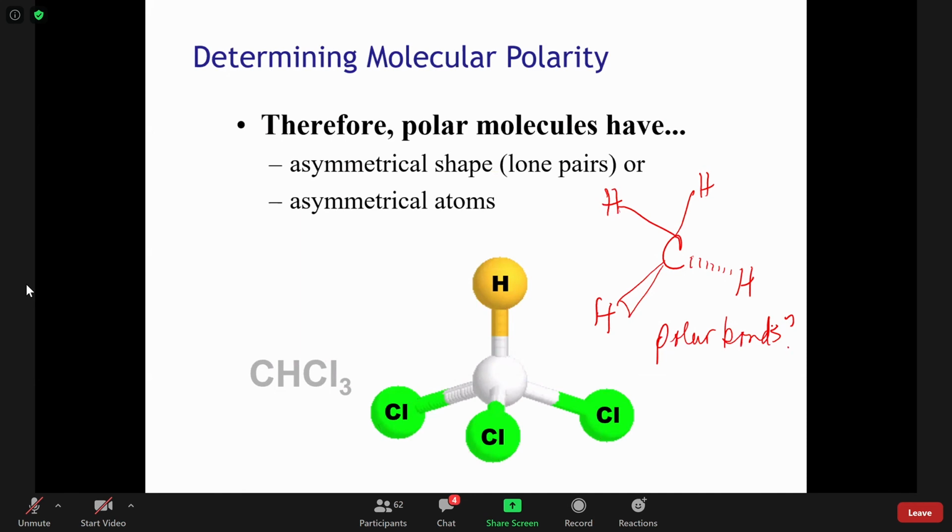Yes, thank you, Baruch. H is less electronegative than carbon, so we have a polar bond for each of these. Is this a polar molecule? Next question.